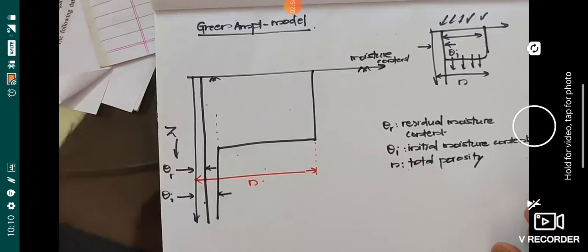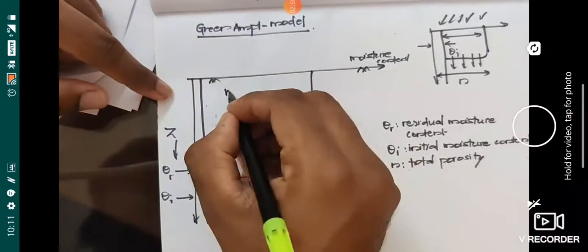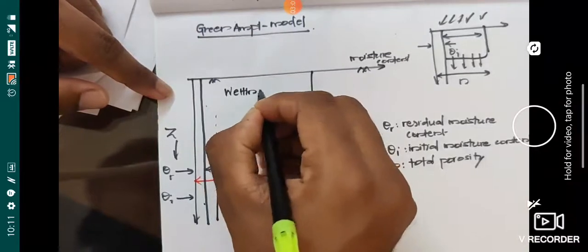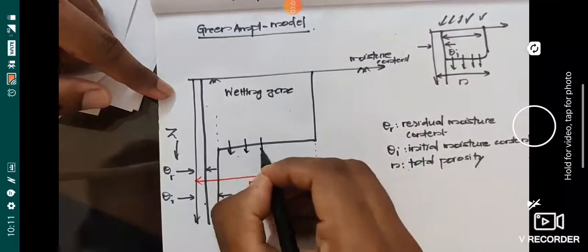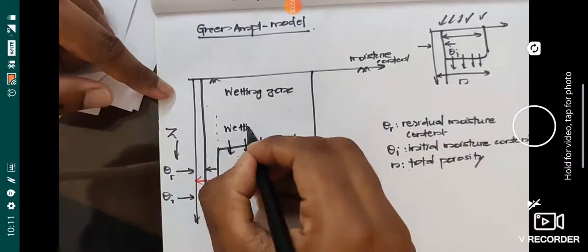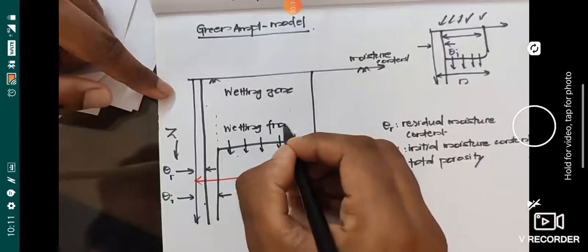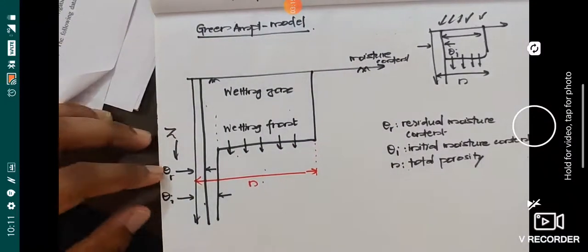Okay. That is quite clear. And this zone, this portion, is called the wetting zone. That is the portion which gets wet, and as more and more water is entering, it moves down. That is the wetting front. Now there's an effective portion.